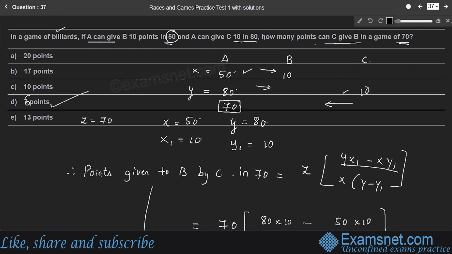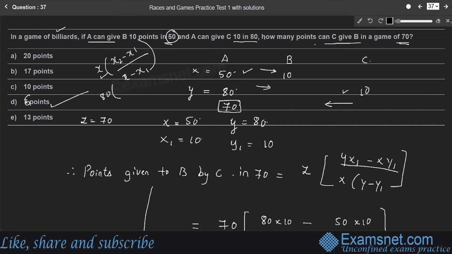Even you can use the formula which is x into (x2 minus x1) divided by (x minus x1). This formula can also be used by taking x as 80. So x2 and x1 should be calculated here.